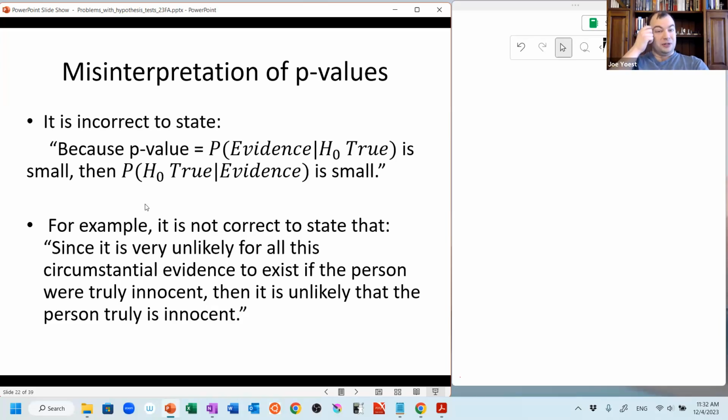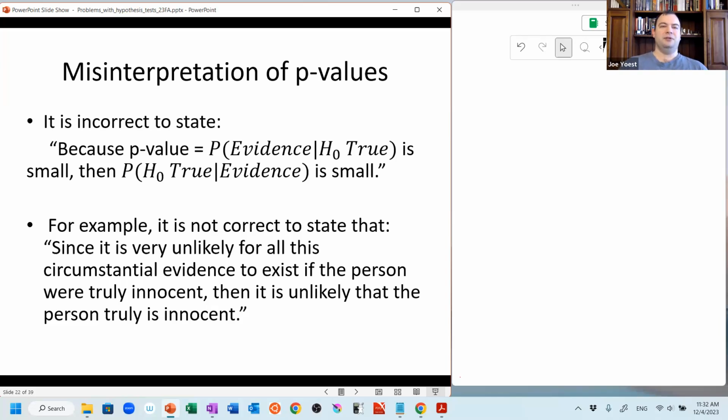So in other words, in a jury trial, this is sometimes called the prosecutor's fallacy. In a jury trial, we might be tempted to say something like, well, there's all this circumstantial evidence that links this person to the crime. The person who robbed the bank was the same height as this person. They had the same hair color. They got in the same make, model, and color of car that this person owns. All of the circumstantial evidence, right?